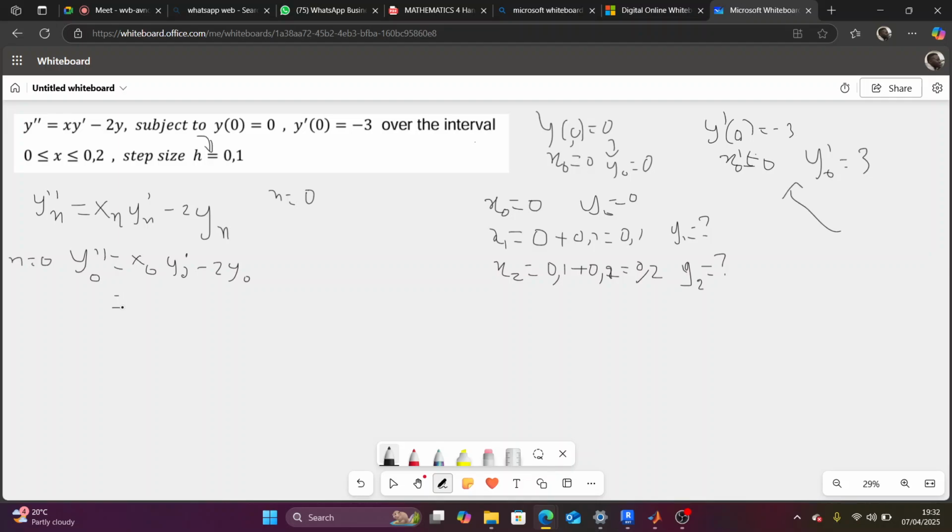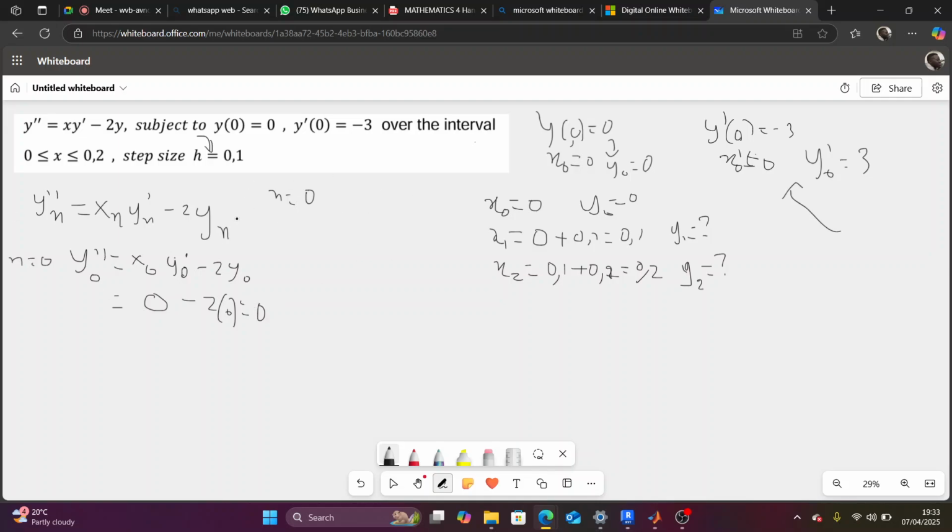Now, what is x0? Remember, x0 is 0. What is y prime 0? Y prime 0 is 3. But this multiplication will give 0 because x0 is 0. Minus 2 times y0. Y0 is also 0. So everything here is 0.